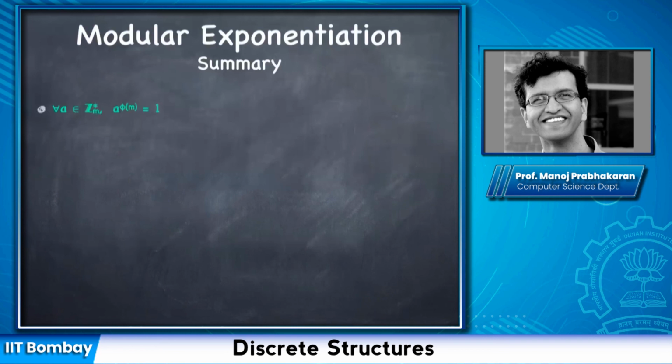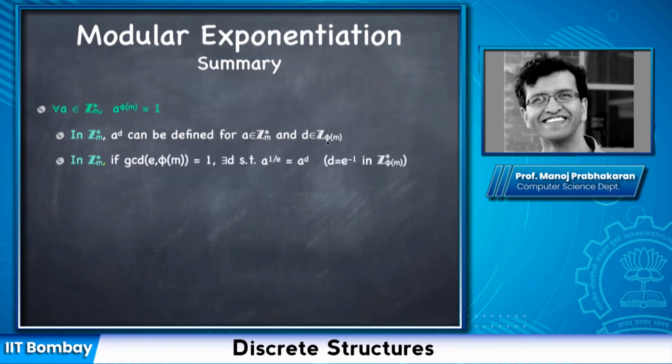So to summarize, this was what we started with today, the Euler Totient Theorem, and this is stated for Zm star, and that means in Zm star the exponent could be thought of as modulo phi m. In particular, whenever you have an exponent E which has a multiplicative inverse in Z phi m, you could find the eth root.